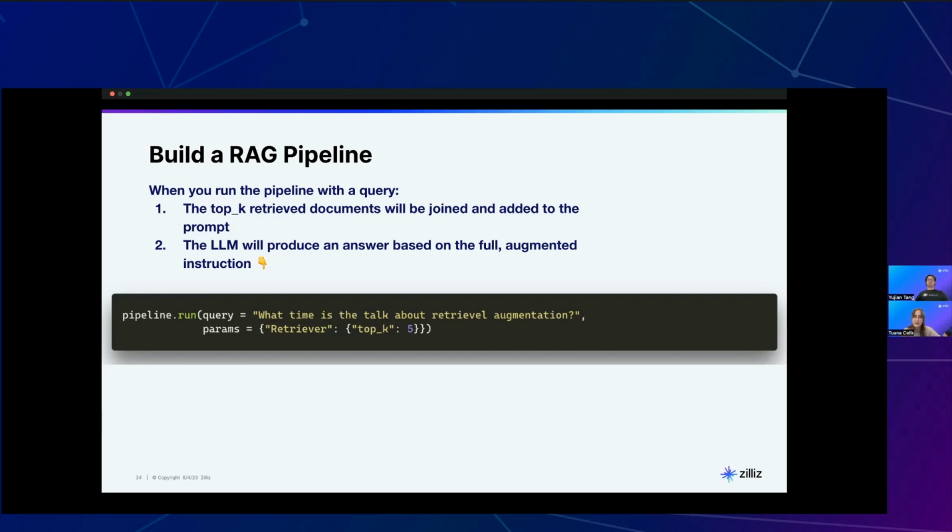The nice part of this is the following. As you can see, not only do I have query in this run function, I also have something called params. These parameters can be provided at each query separately. And here I've decided to give the top K parameter to my retriever node.